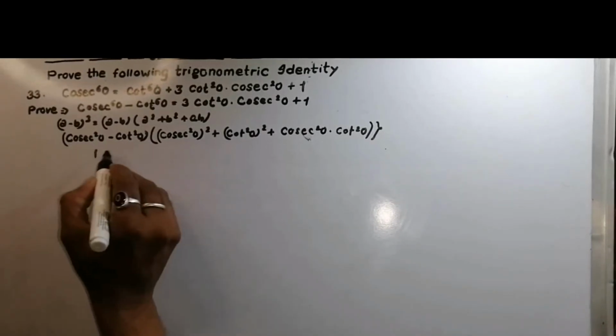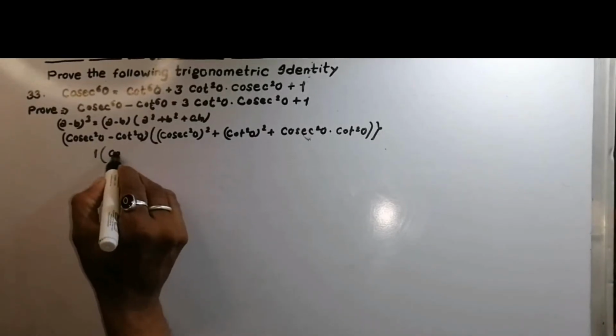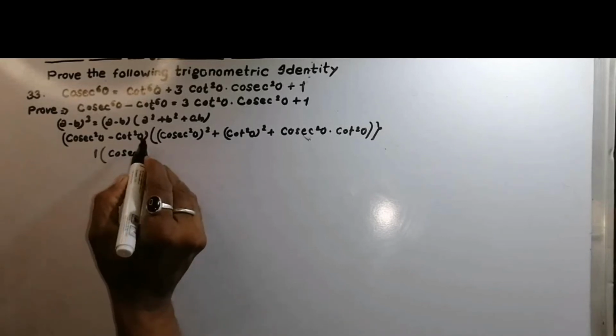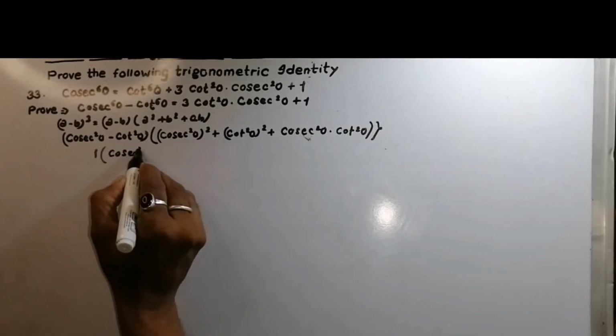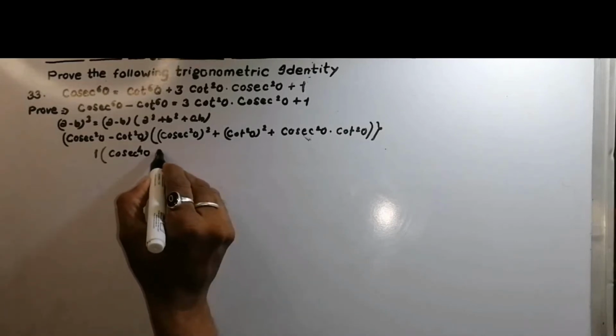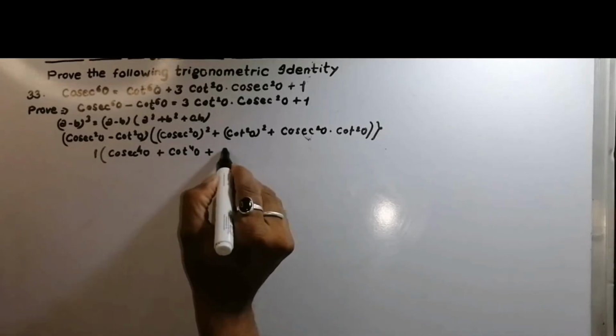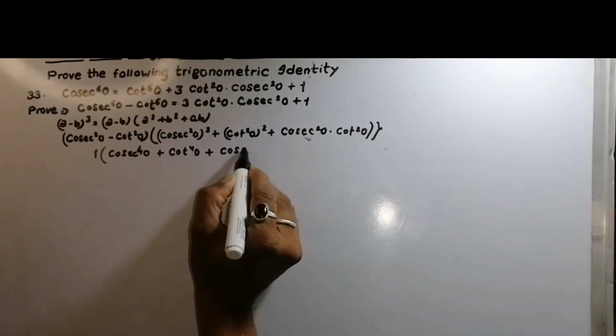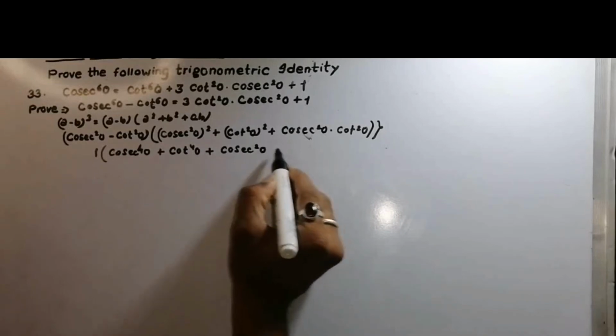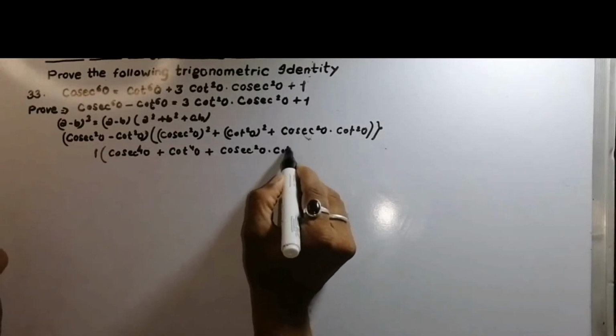This becomes 1 and this becomes cosec 4 theta plus cot 4 theta, and this becomes cosec square theta into cot square theta.